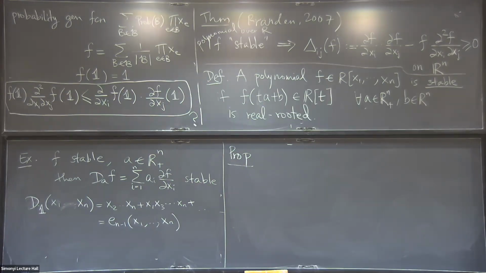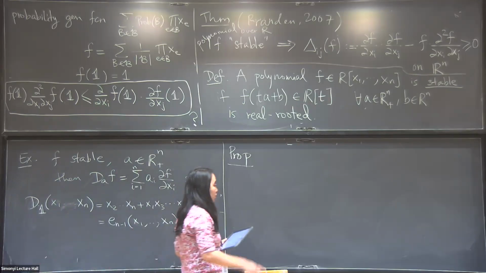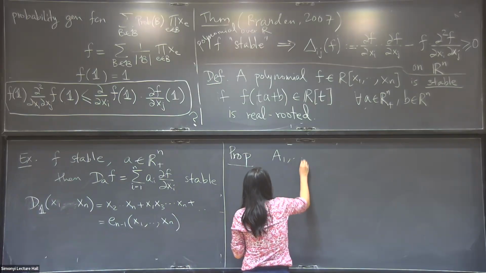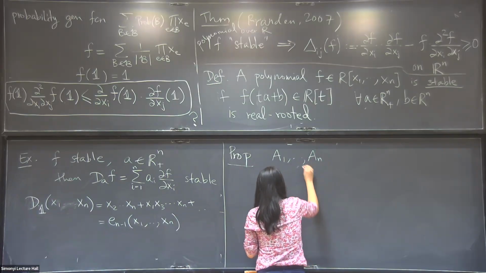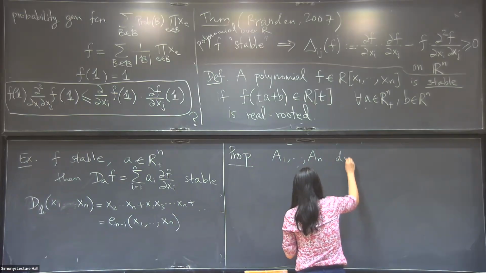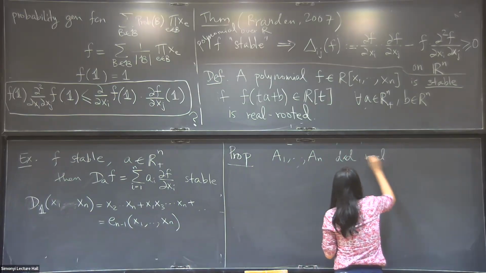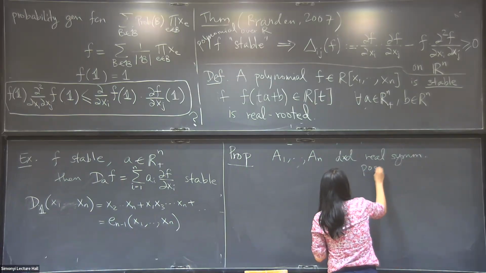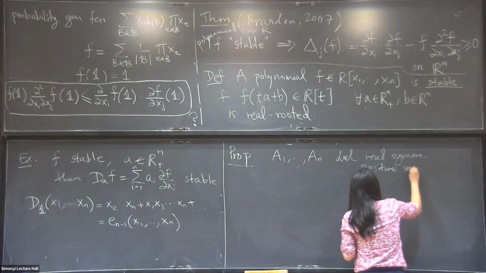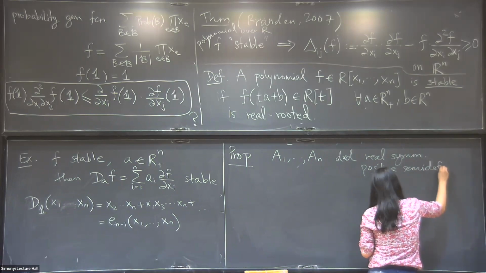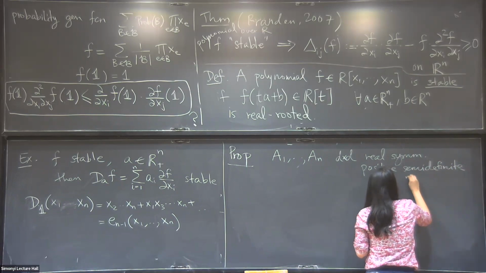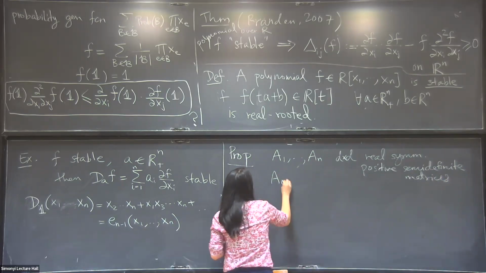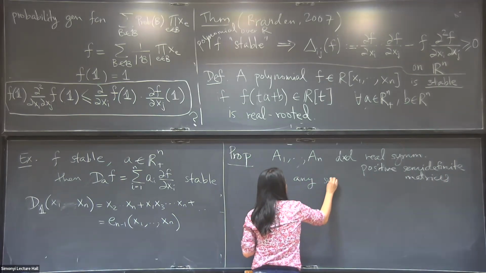So here's an important proposition that shows how determinants give you stable polynomials. We have A1 through An being d by d real symmetric positive semi-definite matrices, and A0 is any symmetric matrix.